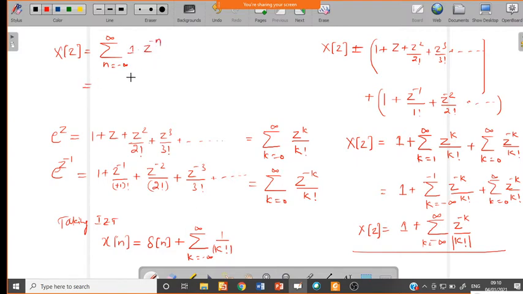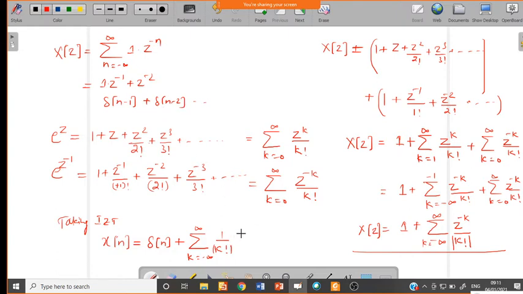Now you can see here, if you put the values of z, you will get z power minus 1 plus z power minus 2, like that. So 1 into z power minus 1 we can write as del of n minus 1 plus del of n minus 2, like that. It will go on like this wherever n varies.